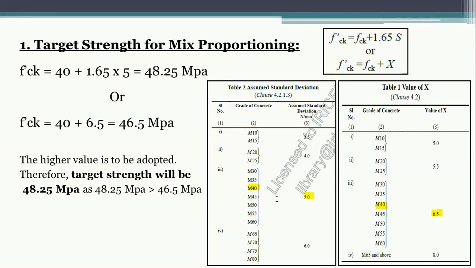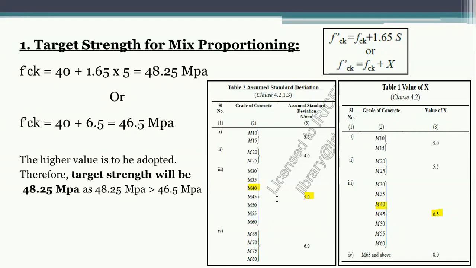So 1.65 is also a constant, into 5. 5 how you get means you have to see the table 4, sorry, table 2. So table 2 has the assumed standard deviation. So there are different grades of concrete, as well as we have assumed standard deviation. So for M40 this assumed standard deviation is 5. Okay, I have just highlighted it. So 40 plus 1.65 into 5, you will get 48.25 Newton per mm square.